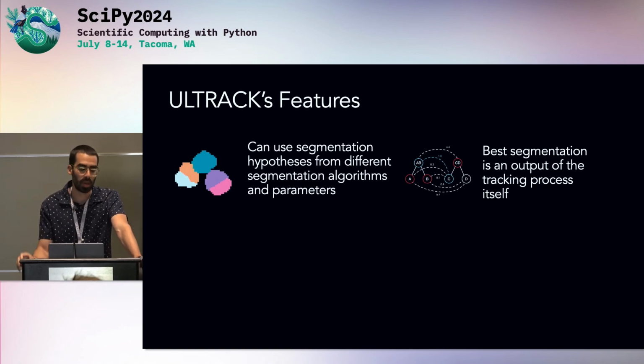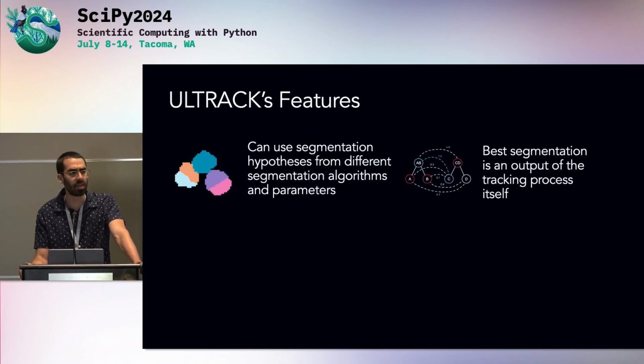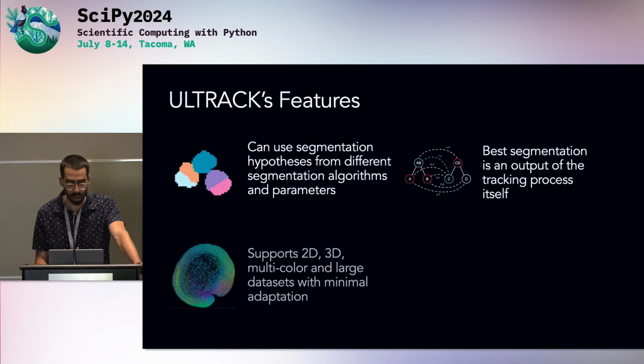One thing we want to highlight is that other methods previously did tracking with multiple segmentation hypotheses, but they were constrained to a fixed set of inputs, for example, a mixture of Gaussians for the nuclei. In our case, we want to leverage the existing algorithms for segmentation, especially the deep learning algorithms, because people put a lot of effort into annotating the data to have very accurate models, which are very hard to beat today.